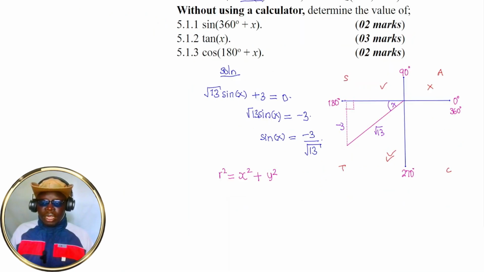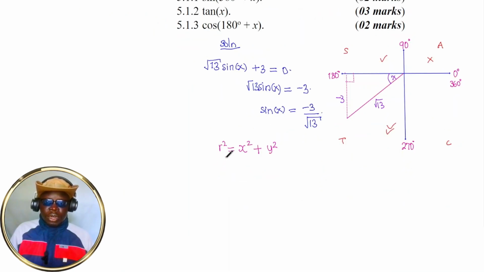So we can move on and substitute whatever we know. r is root 13 and is squared, so it will be equivalent to x squared plus 9, where x is what we're looking for. When we square the root of 13, the root is taken off by the square, and we're only having 13. So we have 13 equals x squared plus 9. Taking 9 to the left-hand side, we have 13 minus 9 equals x squared. 13 minus 9 is 4, and this is equivalent to x squared.